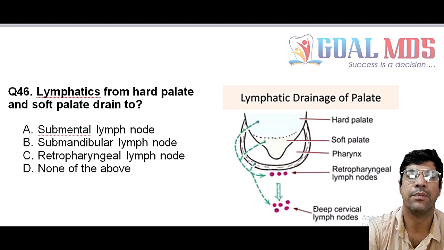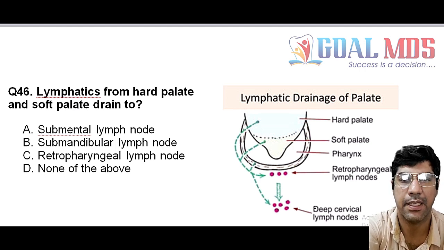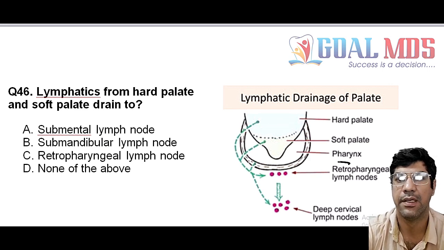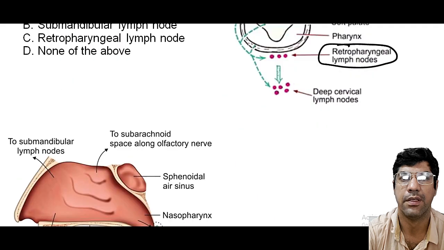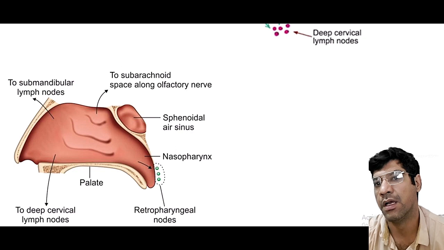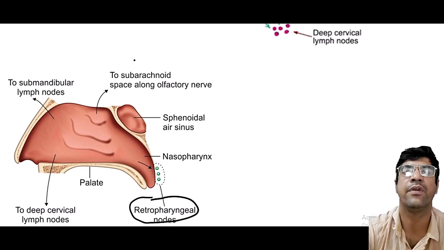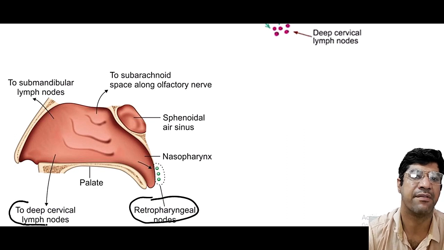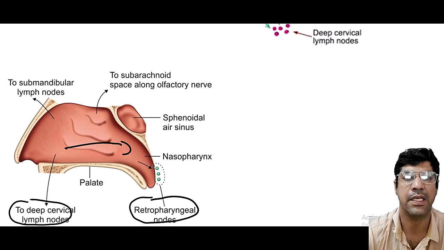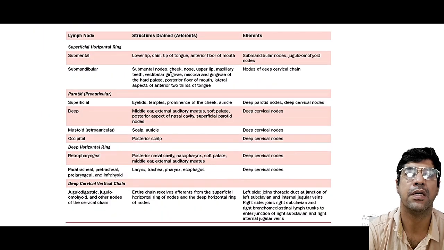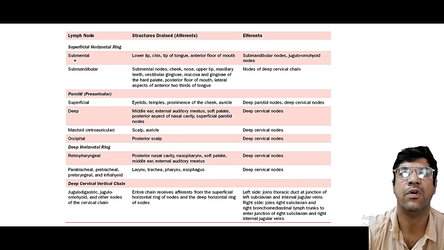The lymphatics from the hard palate and soft palate drain to the retropharyngeal lymph nodes. So remember this. Here is the retropharyngeal lymph node. It passes to the deep cervical lymph nodes and the retropharyngeal lymph nodes. So the answer is C. Remember this table along with the lymph nodes.